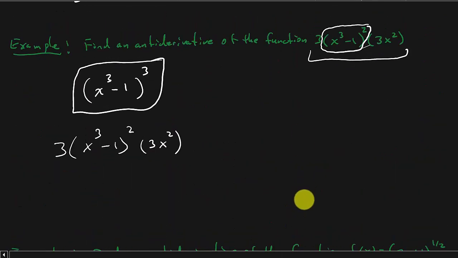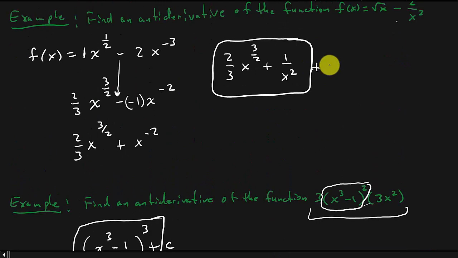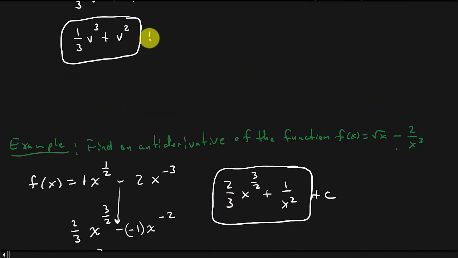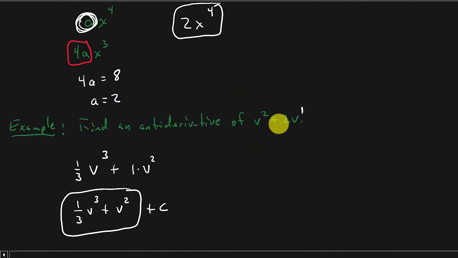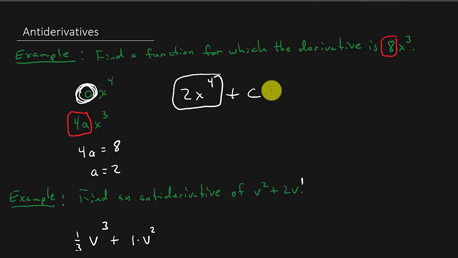And I could come back up here and I could add the plus c to all of them, and it would be correct. Okay? And like I said, in the rest of the videos, we'll always have that plus c on there because it is plus some constant. And that'll be one of the first things I discuss in the next video.